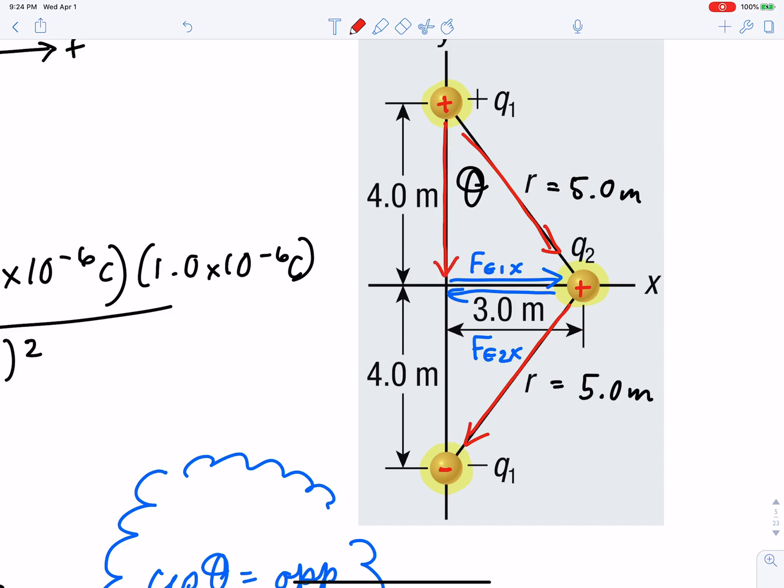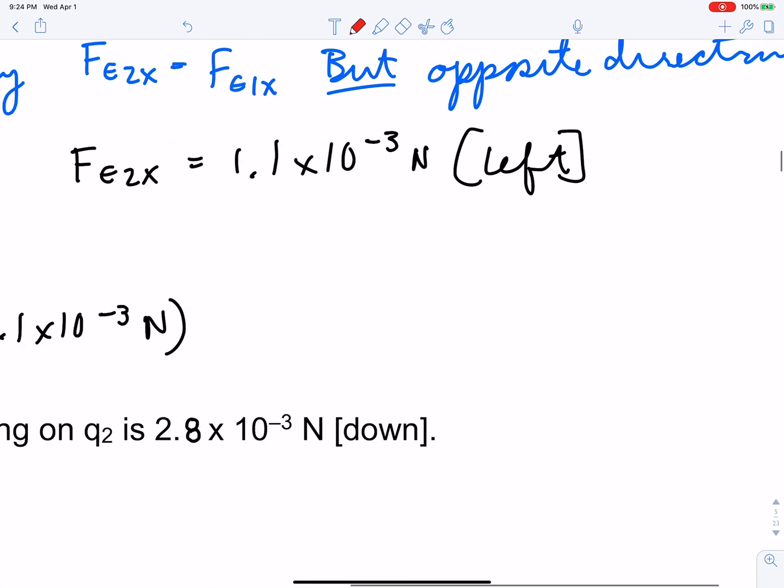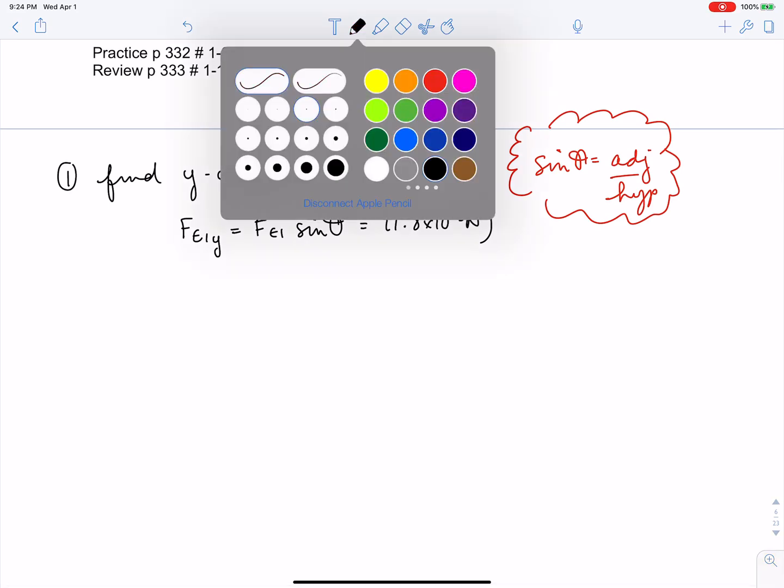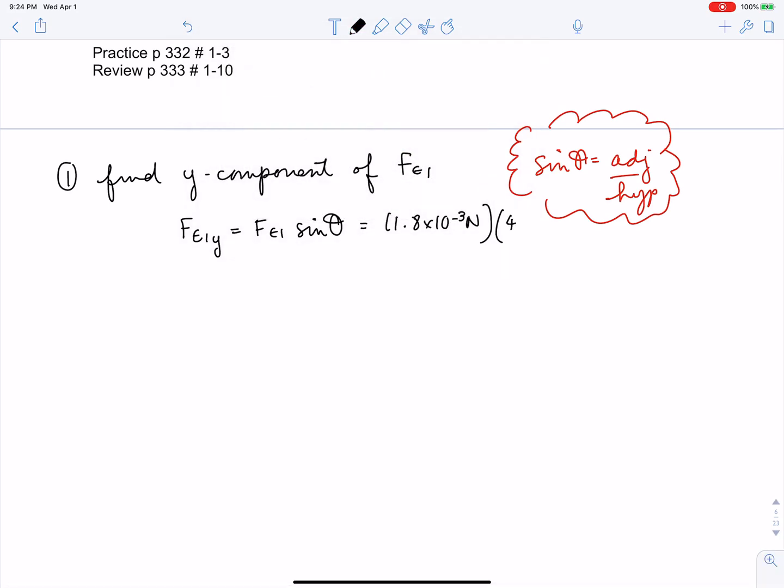The adjacent is 4 meters and the hypotenuse is 5 meters. So sine theta is 4 over 5. Punch it into our calculator, and Fe1y is 1.4 times 10 to the power of negative 3 newtons, and it's directed down. Good.